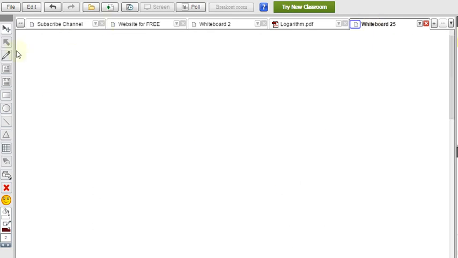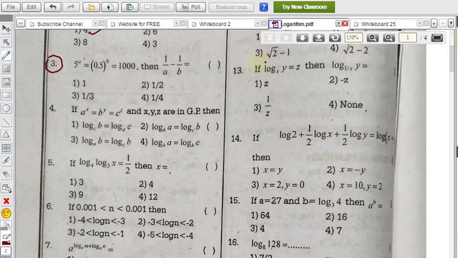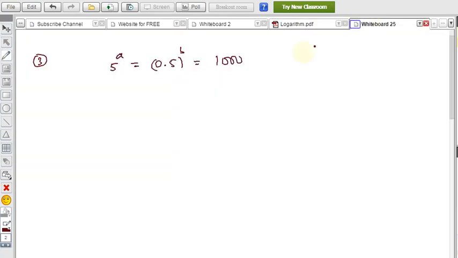So first the given condition, let me write: 5 to the power a is equals to 0.5 to the power b is equals to 1000, right? Now what I have to find out is 1 by a minus 1 by b.